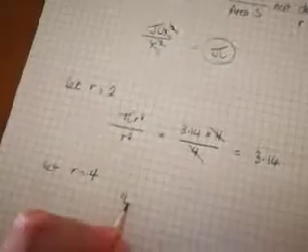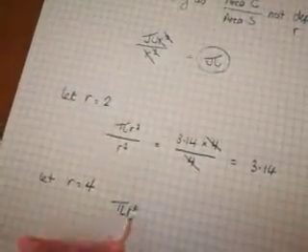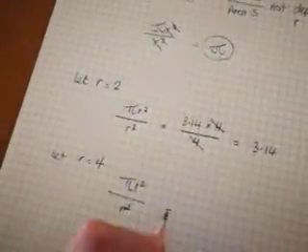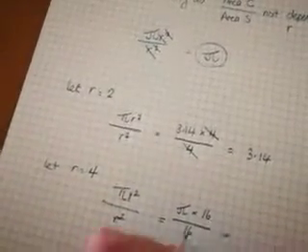Another one, let r equal 4. So the area of the circle is pi r squared over r squared, which is the square. This is equal to pi times 4 squared, which is 16, over the sides, 4 by 4, which is equal to 16.